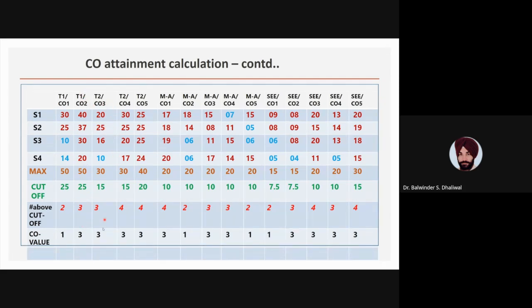Similarly, you can see these calculations are there for all these different columns. In this T2 CO3, the maximum marks are 30. So it is not necessary that we always keep the maximum marks the same. In test 2, there are 3 COs which are assessed through this test.